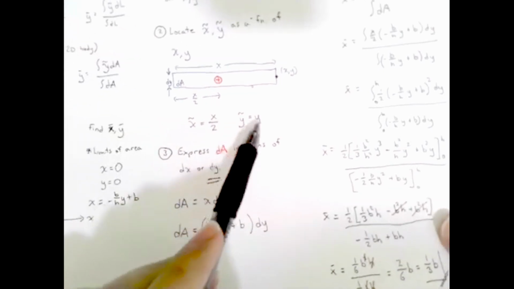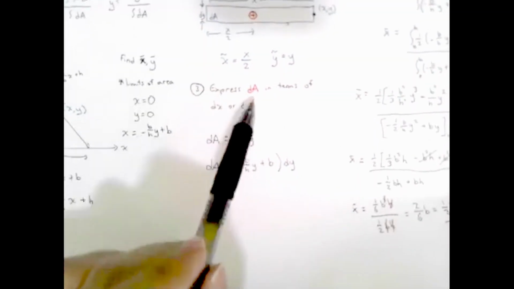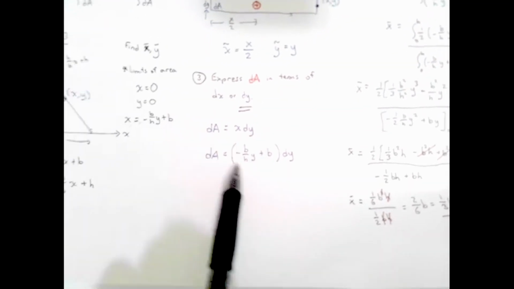So we know that our y coordinate will be the integral of y squiggly dA over the integral of dA. We've already found from step number 2 that y squiggly equals y. So here, in place of y squiggly, all I have to do is write down y. We've also found from step number 3 that dA equals this expression.